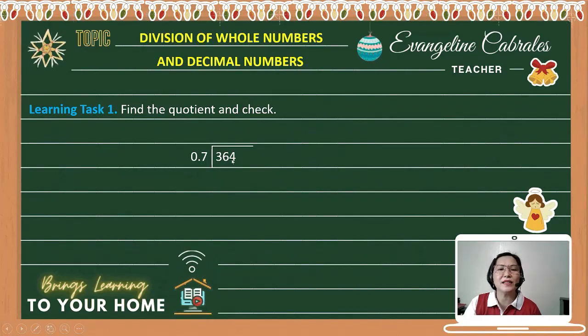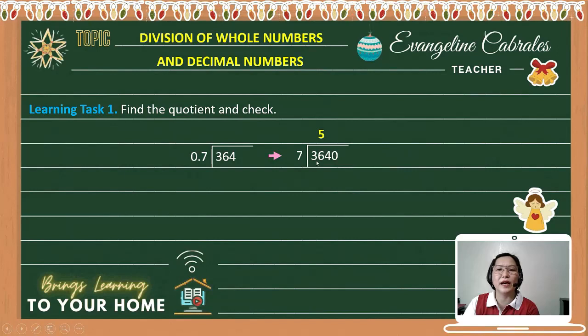At ang 364, ang imaginary decimal point ay nasa dulo, iuusod din ng isang beses at dahil may bakanteng place, iyon ay lalagyan ng 0. Kaya ang mangyayari ay ganito. 7/10 will become 7 and 364 will become 3,640.